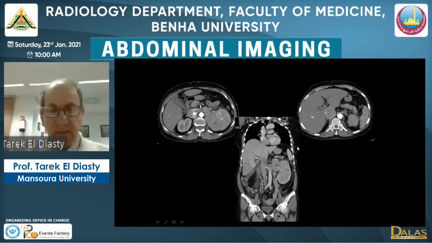And this is a coronal reformatted image to show this abnormal pattern of hepatic enhancement. This is hypoenhancement in this segment and normal enhancement in the others. So this is a differential enhancement of the liver. We will discuss the cause now.